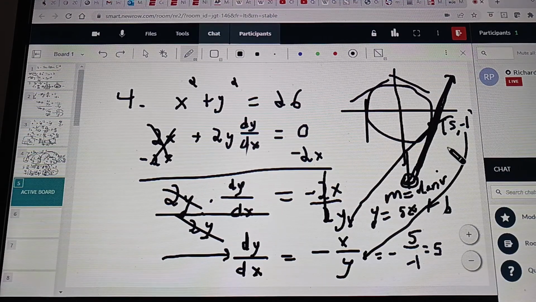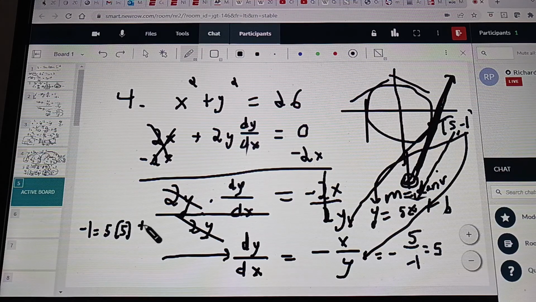But we can find it by temporarily plugging in the given x and y into this equation now. So if I have -1 equals, the slope was 5, and then the x happened to be 5 as well. I guess my estimate was off quite a bit. It's much farther down than I thought. So subtract 25.